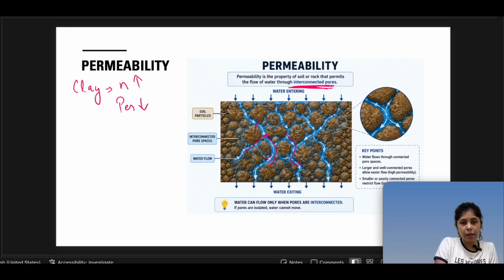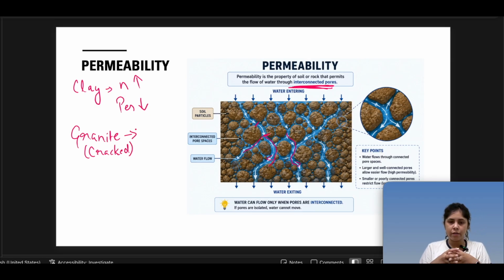And I can tell you one more example of the opposite, that's granite, and that too, cracked granite. Granite is very dense, right? So there's almost no porosity, so porosity will be very low. But if it's cracked, permeability will be very high.